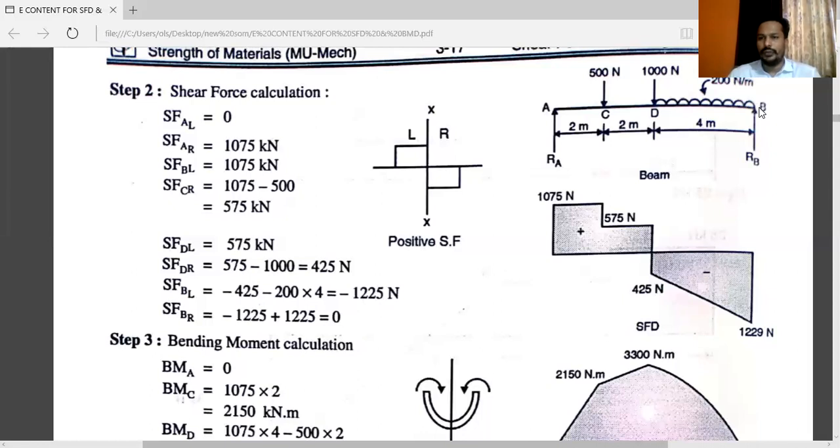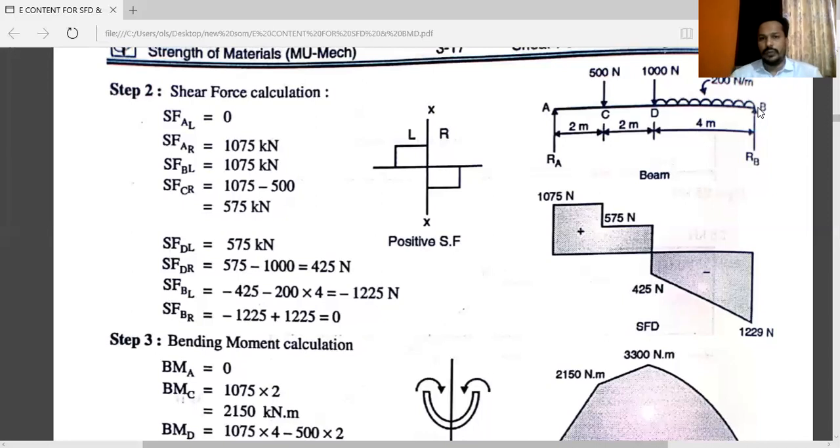Next point, shear force at point B just to the right. Now you have to consider all the left side forces of the section: plus RA minus 500 minus 1000 minus 800 plus RB. So here the answer will be 0.